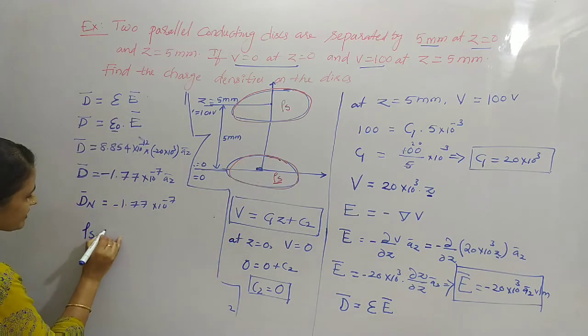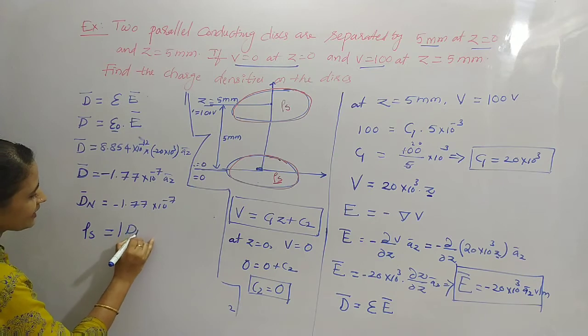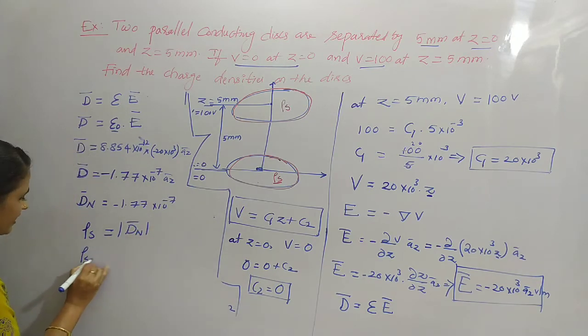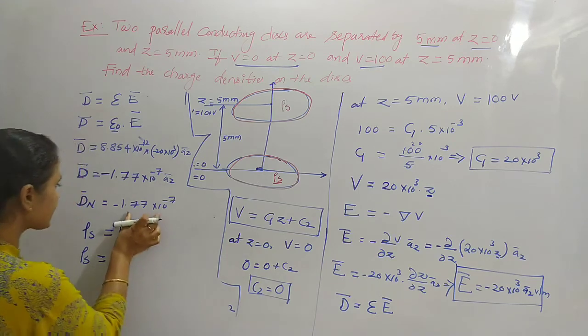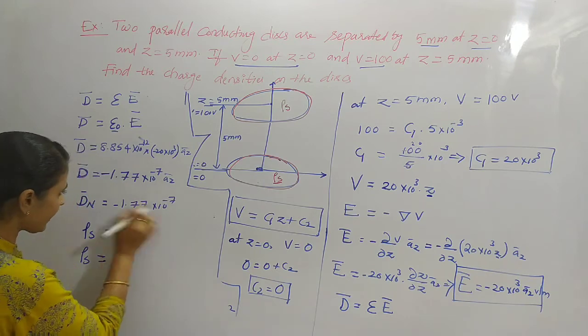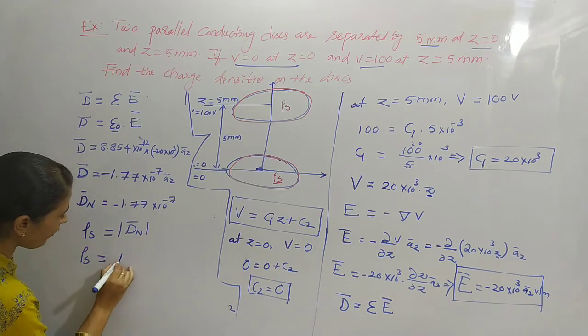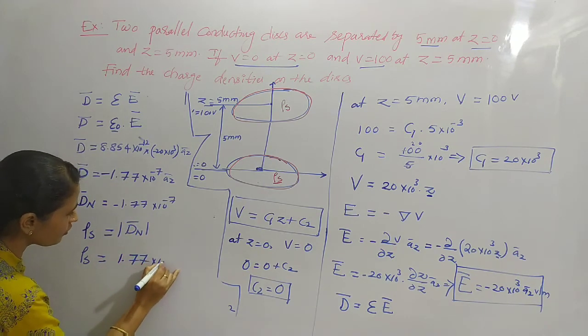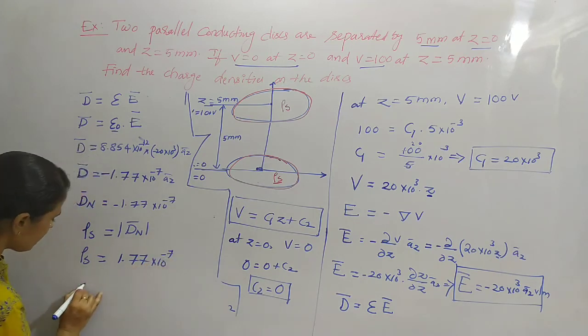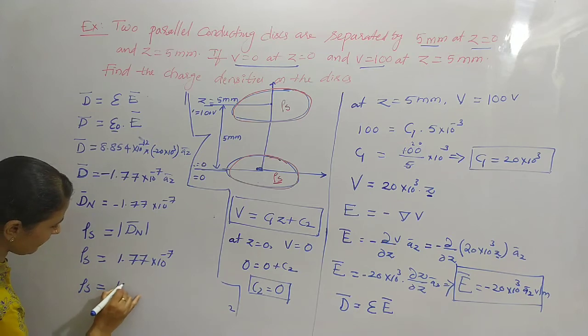So the surface charge density is nothing but the magnitude of the flux density.